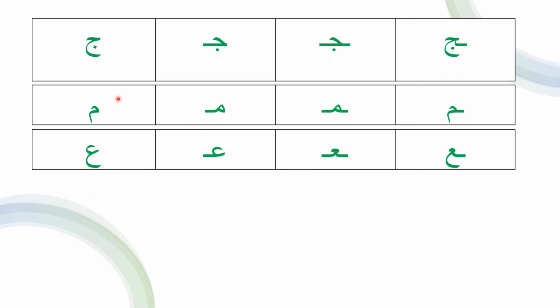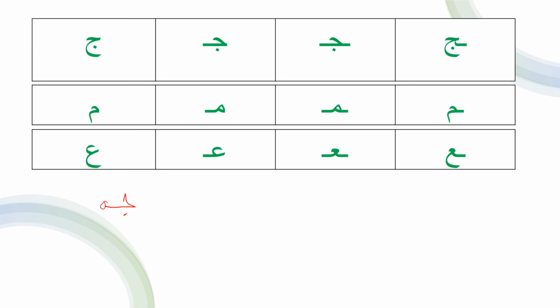And here's our last word using Damma that I selected, just random words: jim, mim, and ain. So to connect them, we start with the jim right here. We're using it in this form at the beginning of a word since it's at the beginning of a word.